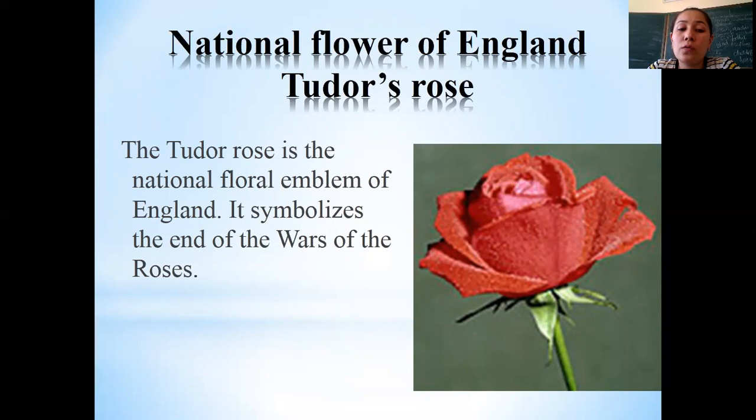At the end of this war, one of the families won. They were called the Tudors, and the Tudor family had their own symbol, the rose, and that is why the Tudor rose is the symbol of England also, as they were one of the powerful families of that century.